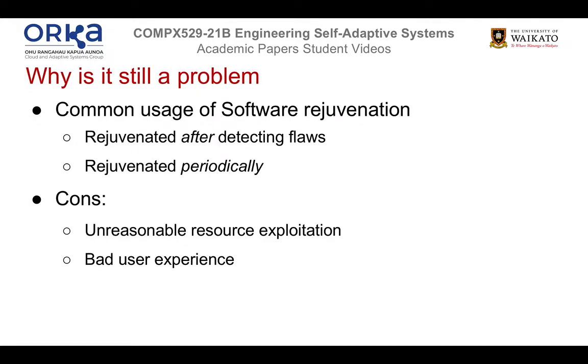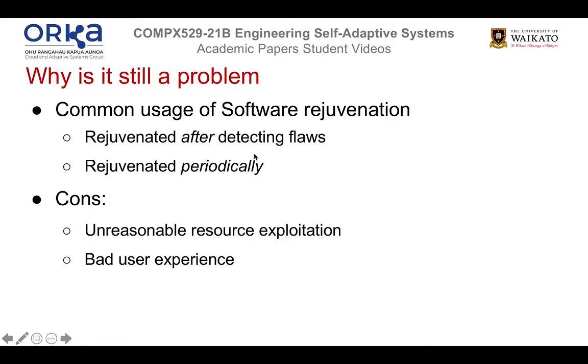Software rejuvenation technology is commonly utilized to solve runtime software failures. The basic action of the technology is to force the application to a clean state where the application can work correctly. The technology is usually used in two ways.